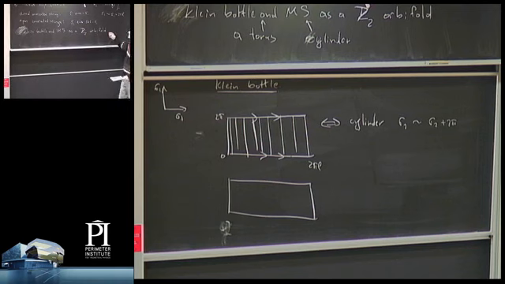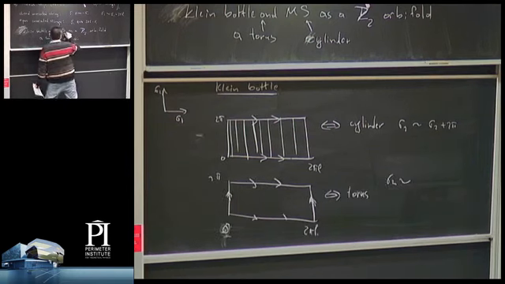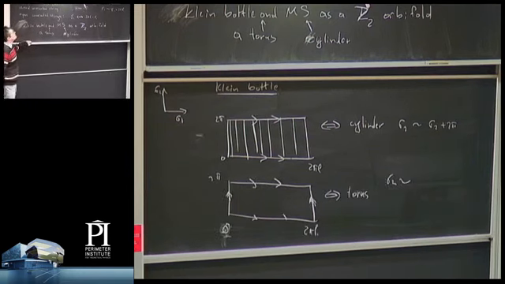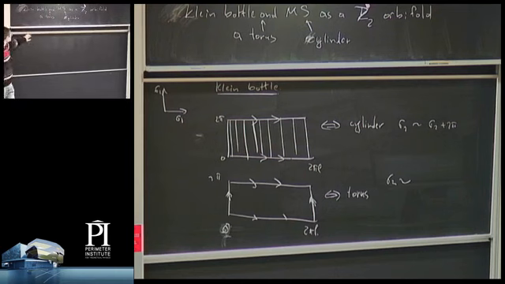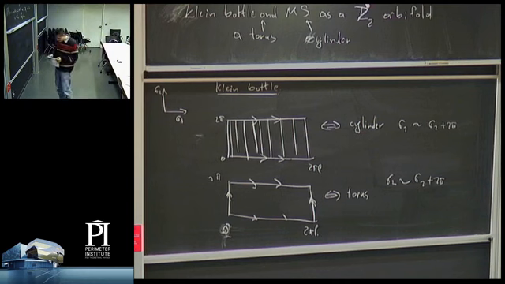The oriented surface relevant in this case will be a torus, or a cylinder, which will be relevant for the Möbius strip. So we'll try to see how we can get these unoriented surfaces by taking something that we are familiar with and making an orbifold, making some Z2 identification. So let me start.